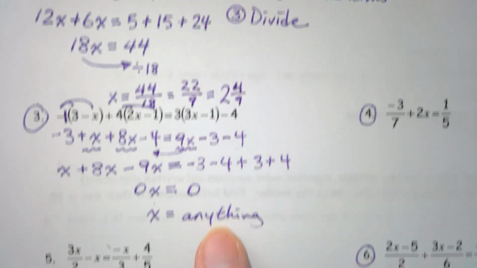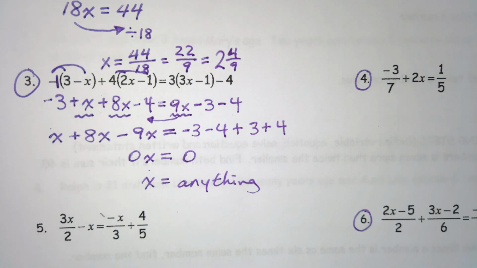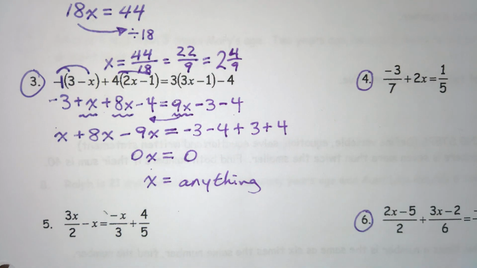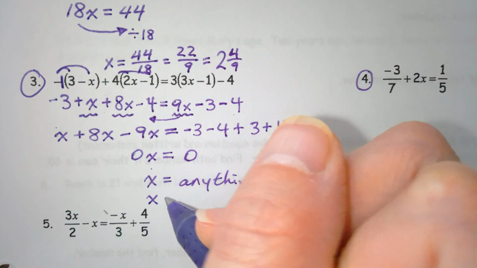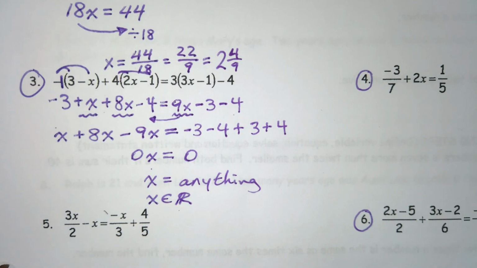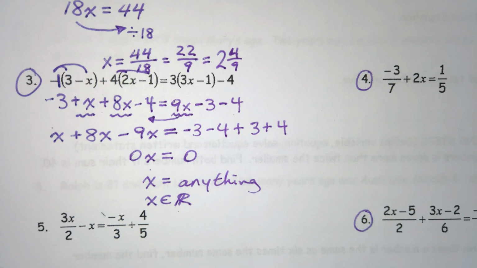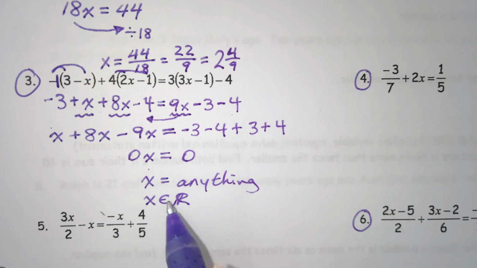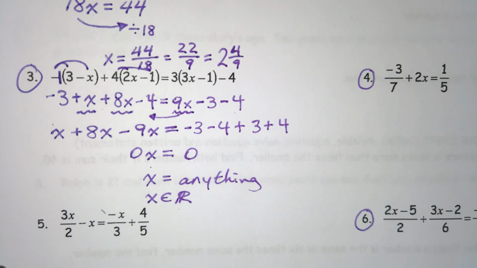Now, of course, we don't write that in math. Like, we don't write x equals anything. Doesn't sound fancy enough. So in the solution, you'll see it like this. Don't worry about it. You don't need to know this symbol. This means x belongs to all the real numbers. That's just some notation.